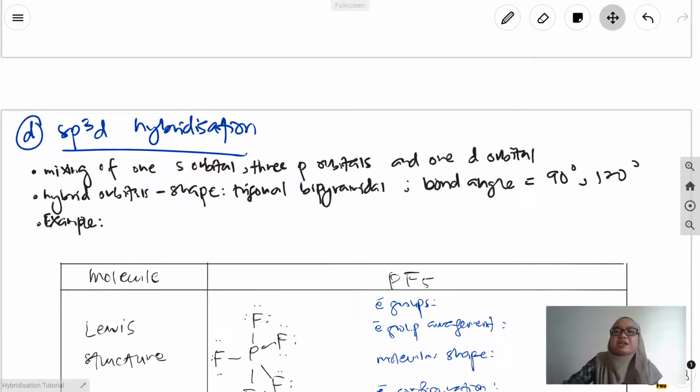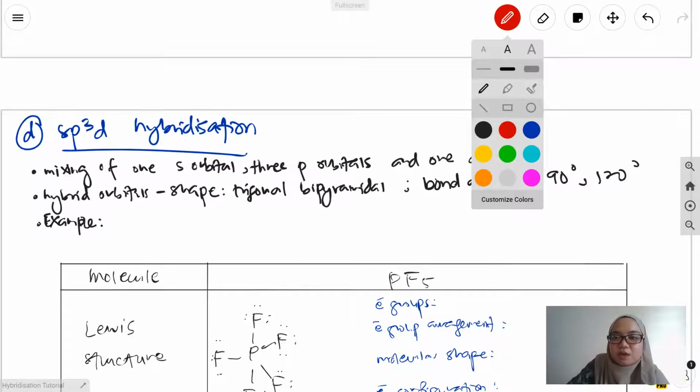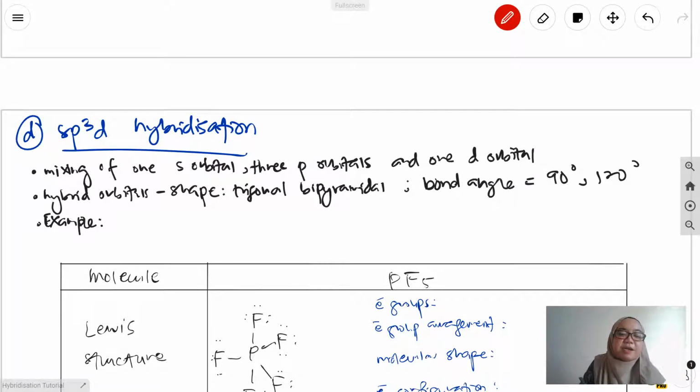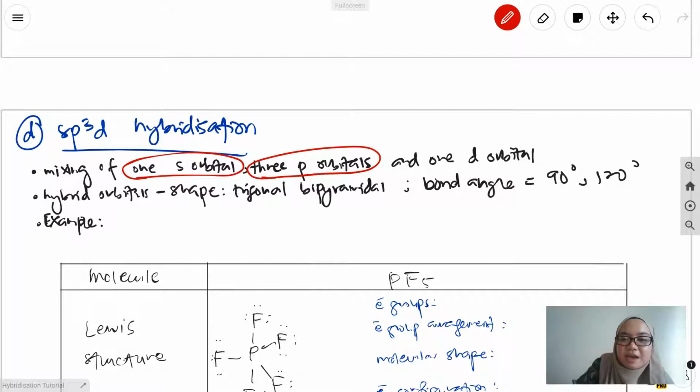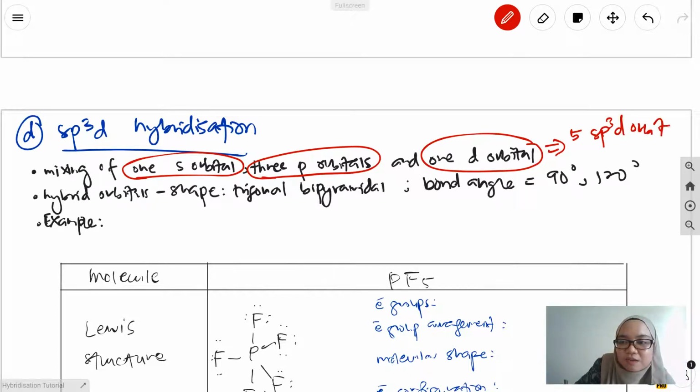So sp3d hybridization, okay, is formed by the mixing of one s orbital, three p orbitals, and one d orbital to form 5 sp3d orbitals.